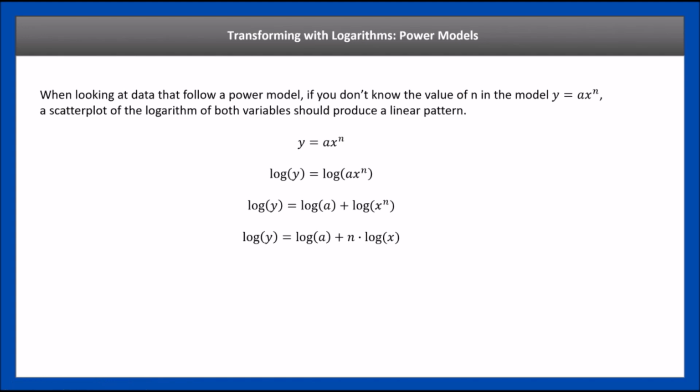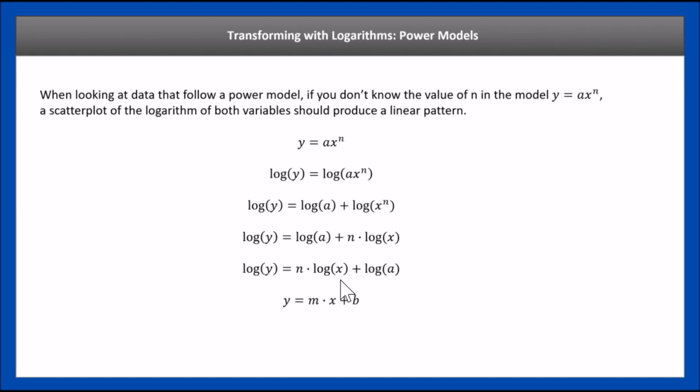So you can see we can treat this as a linear function. We're going to put the log of a last and put this first, just rearranging some terms, and we can show that it's linearized in the sense that log of y can be treated as y. The log of x can be treated as x, because those are transformed x's and y's.